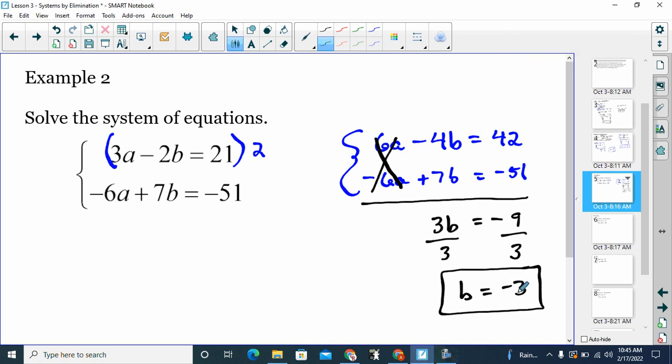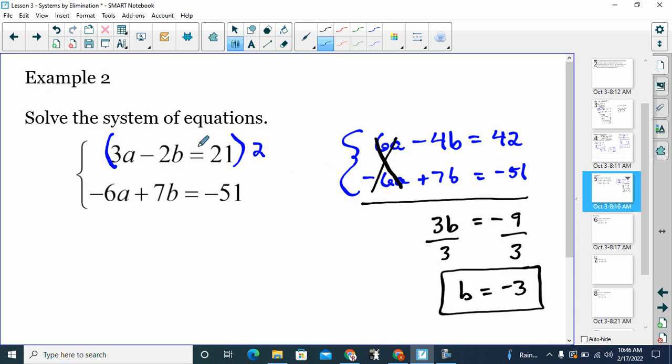Now we're going to take negative 3 and plug it back into either one of the equations. Again, it doesn't matter which one we do. You can use these equations over here if you want, although the original equations are going to have smaller numbers. This first equation, all of the numbers, the 3a is smaller than 6a, 2b is smaller than 7b, 21 is smaller than 51.